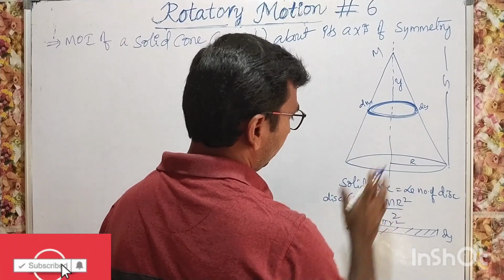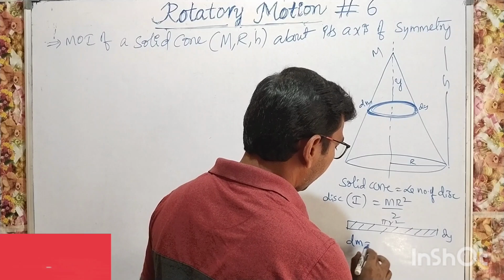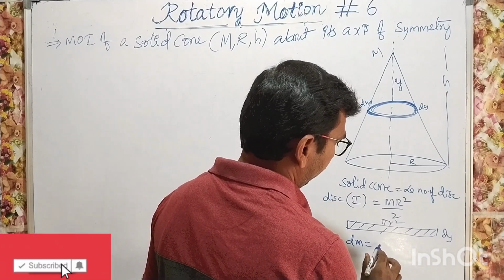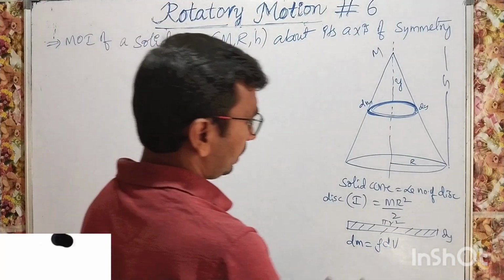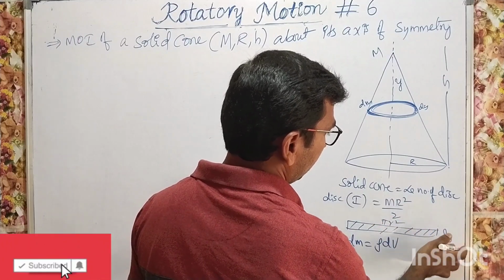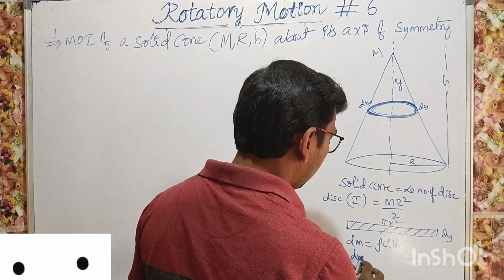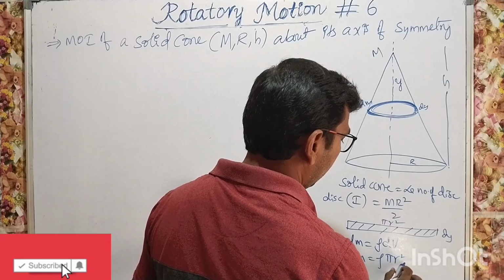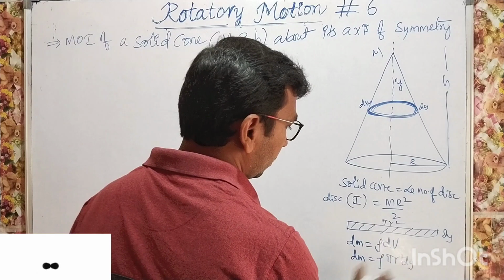This is three-dimensional, so dm is equal to rho dV. The area of the disc is pi r square and the thickness is dy, so dm is equal to rho pi r square dy.